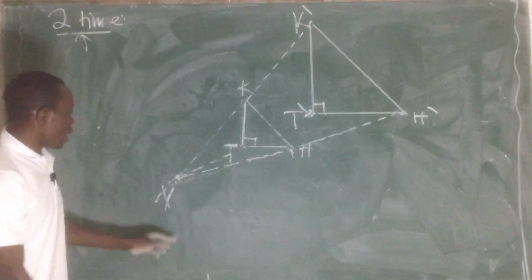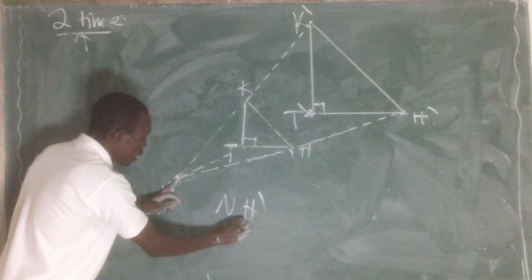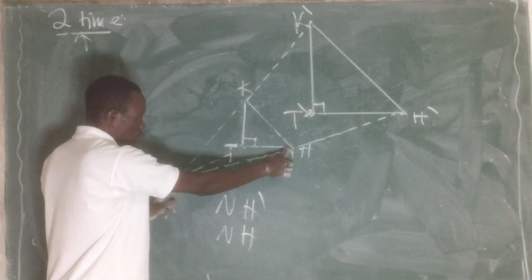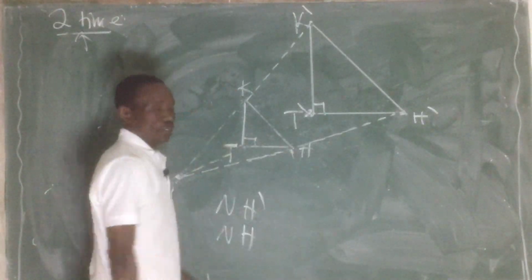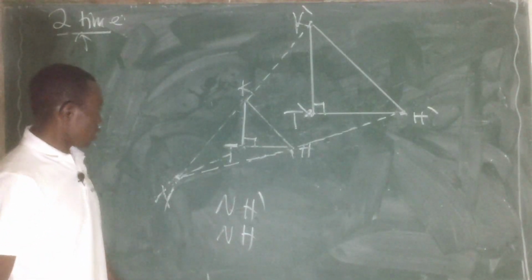The same if I compare NH prime with NH, you'd see that NH gets into NH prime twice. Right. So when we're enlarging, that's the first point we consider.